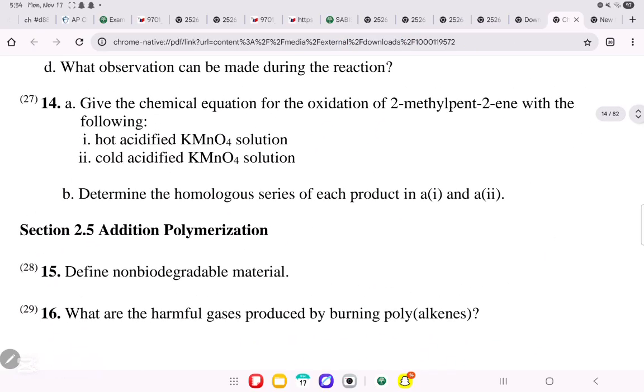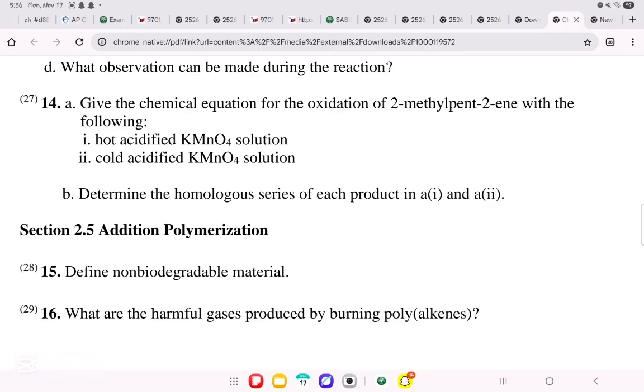We'll move on to question number 14. Give the chemical equation for the oxidation of 2-methyl pentene with the following, first of all hot acidified KMnO4 solution. Whenever we have KMnO4, it will be an oxidation.